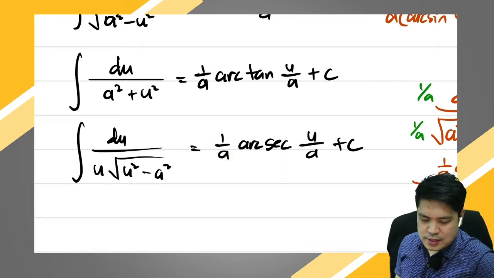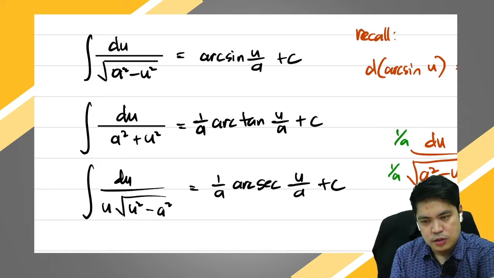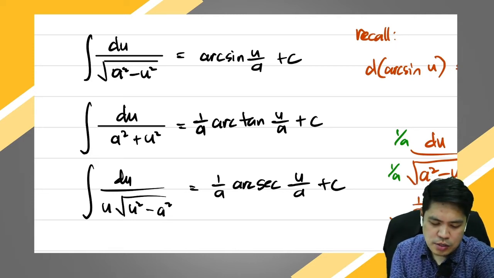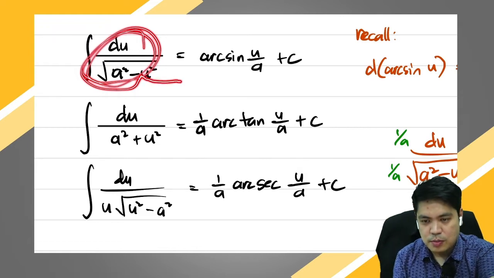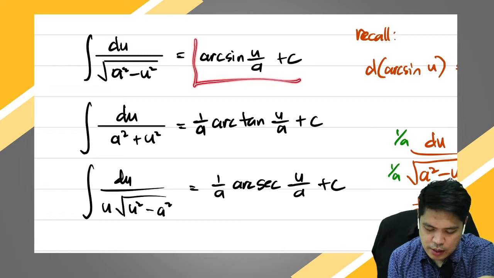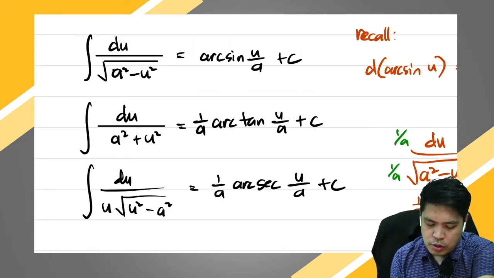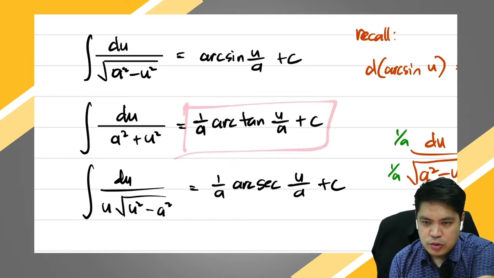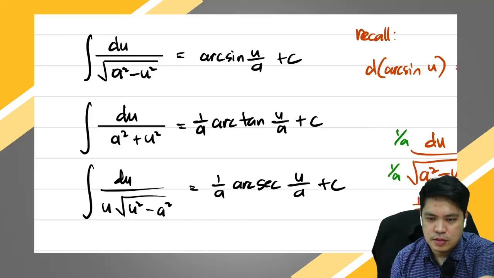So if you notice, we only added three, because this could also give us an integral in the form of arc cosine, because if you recall in differential calculus, the equations of arc sine and arc cosine only differ by the negative sign. Also with arc tangent and arc cotangent, and also for arc secant and arc cosecant.